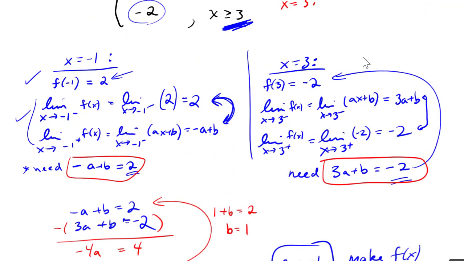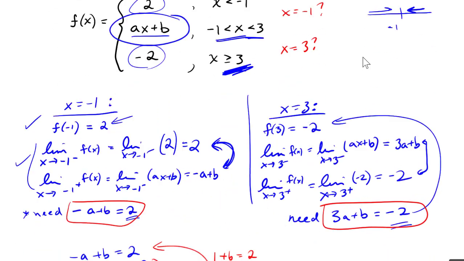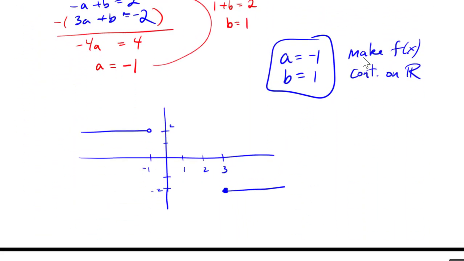And basically by asking to make an ax plus b, we're asking to create the line that would connect these. And that's what we end up doing when we make ax plus b end up being negative x plus 1.